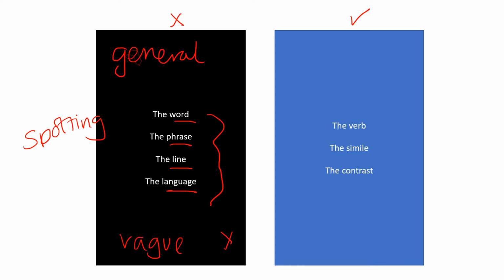There's loads of other things we can talk about; these are just three that we've picked to give you an idea. So instead of saying the word, use the verb. Instead of saying the phrase, say the simile. Instead of saying the line, say the contrast. You can see how we're being more precise, and that's what separates some students from others: being more precise with the words that you use.